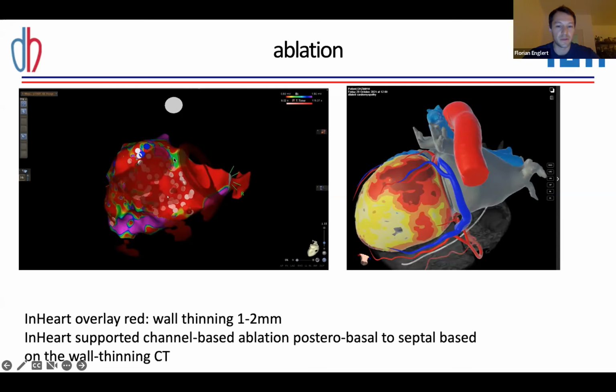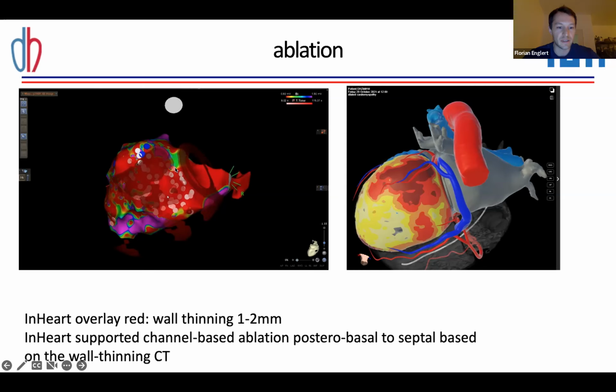So we focused on the inHEART CT and the wall thinning map that we got from inHEART, and merged it with our map. It's just a small part of the LV because it's so huge, but we overlaid it and tried to focus on these isthmi that we got from the report. So the 2 isthmi we see here and here were our main target for the ablation.